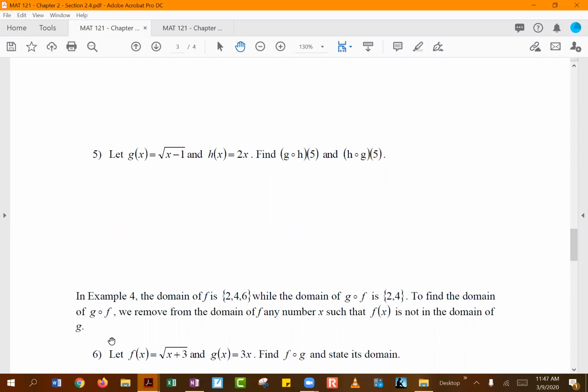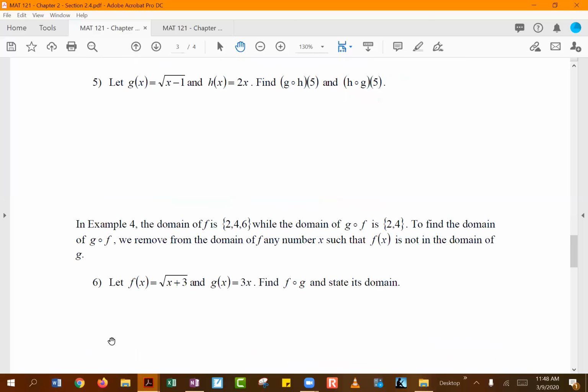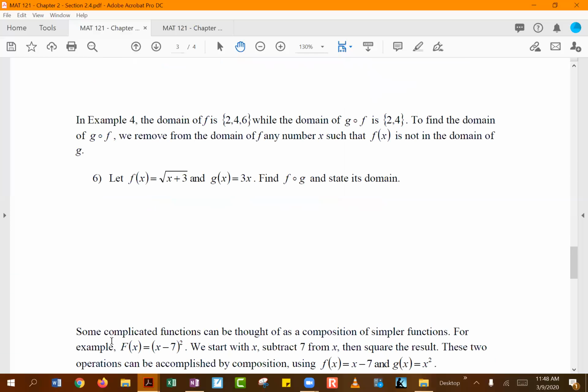Any value from the inside function that is not in the domain of the outside function will not make it into the composition. That's true for sets of ordered pairs like we had here, or even if they're given to you as equations. I wonder if that's going to play into effect in number 6. We'll see.